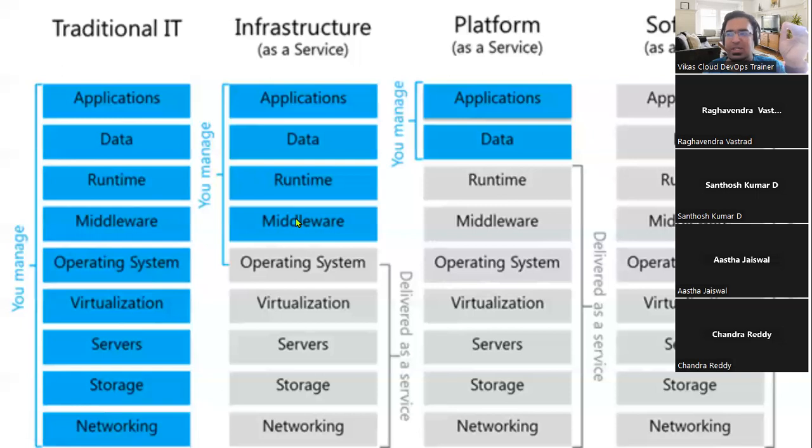When the infrastructure came into the picture, or cloud providers are providing the infrastructure, what exactly is it? Networking, storage, servers, virtualization, and operating system, they are providing. Means the cloud provider itself is providing when you take infrastructure as a service. The third thing, when you take platform as a service, obviously the operating system they have to provide in the infrastructure only.